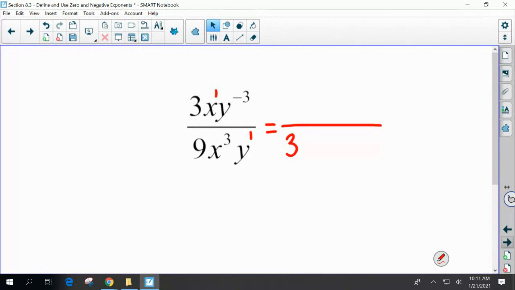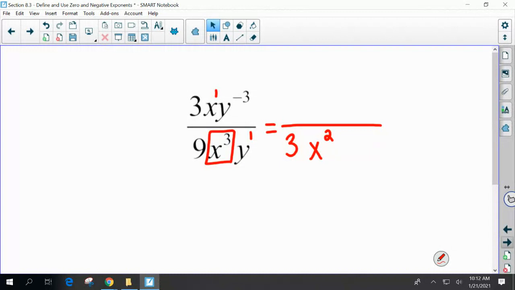So I'm going to actually subtract my largest x minus my smallest x. So this happens to be the largest x, and it happens to be in the denominator. So that means my x's are going to stay in the denominator. So I'm going to have x to the 3 minus 1, which ends up being x squared.